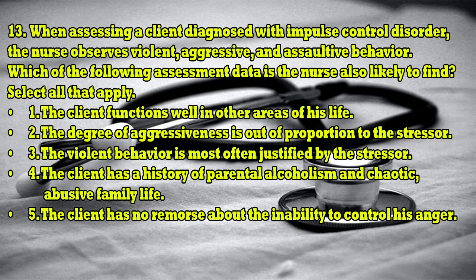The degree of aggressiveness is out of proportion to the stressor. 3. The violent behavior is most often justified by the stressor. 4. The client has a history of parental alcoholism and chaotic, abusive family life. 5. The client has no remorse about the inability to control his anger.